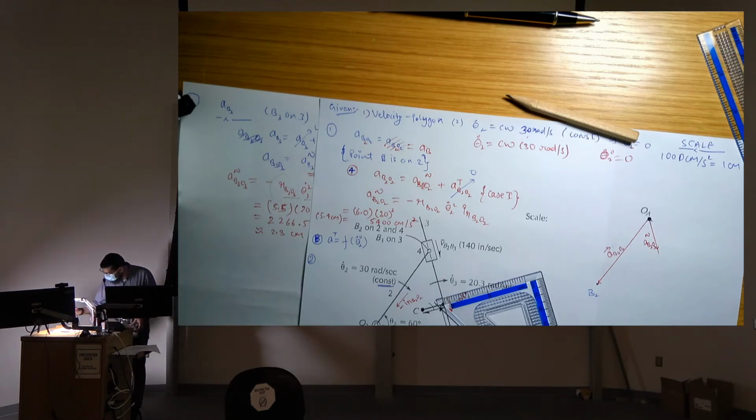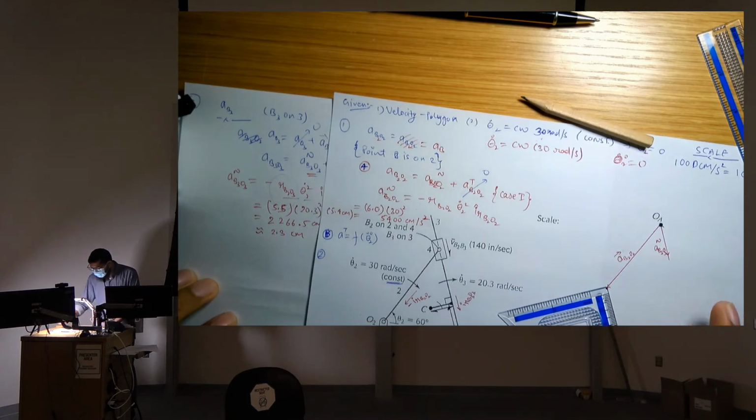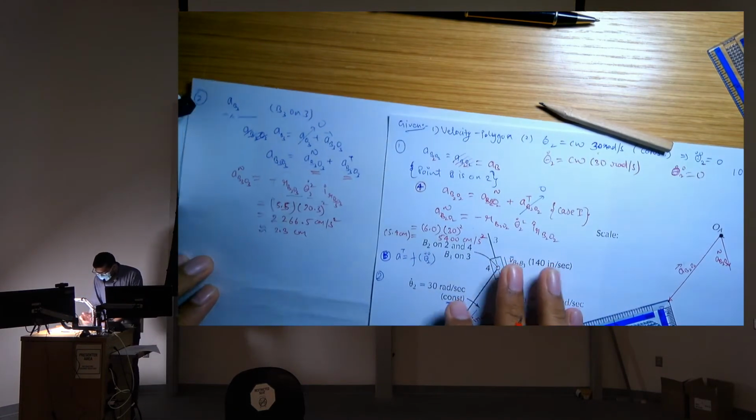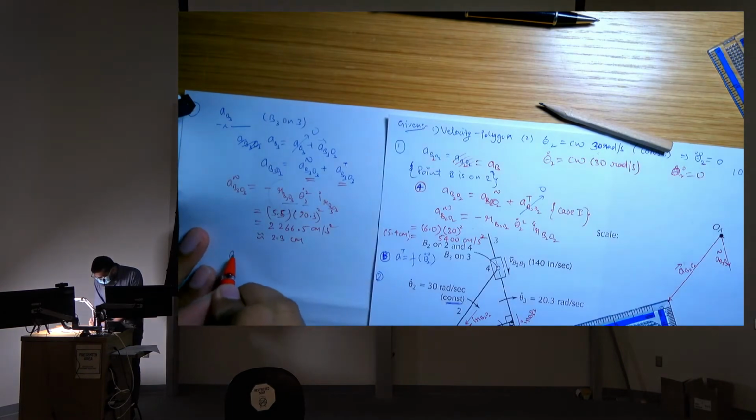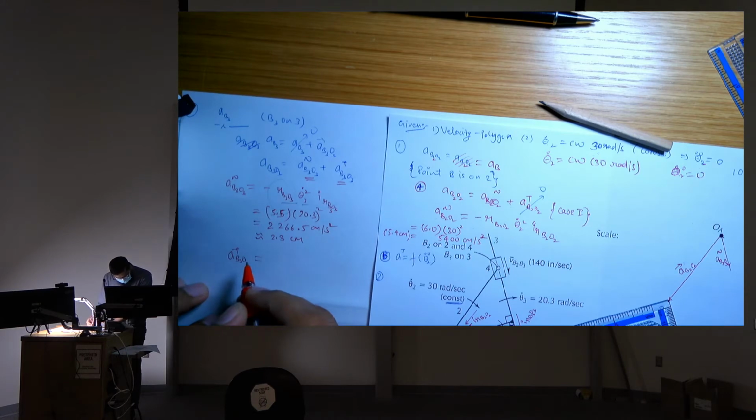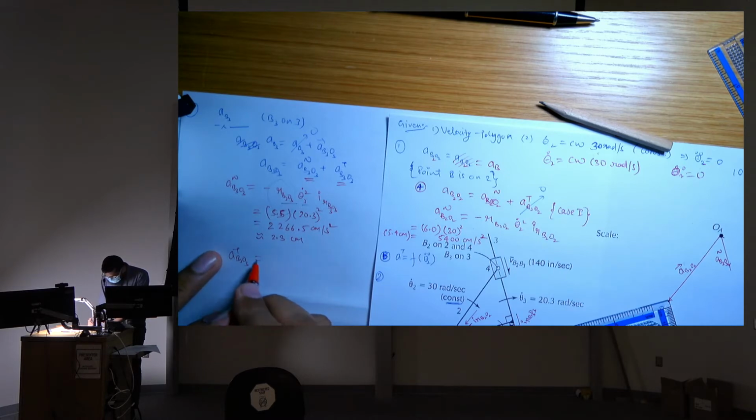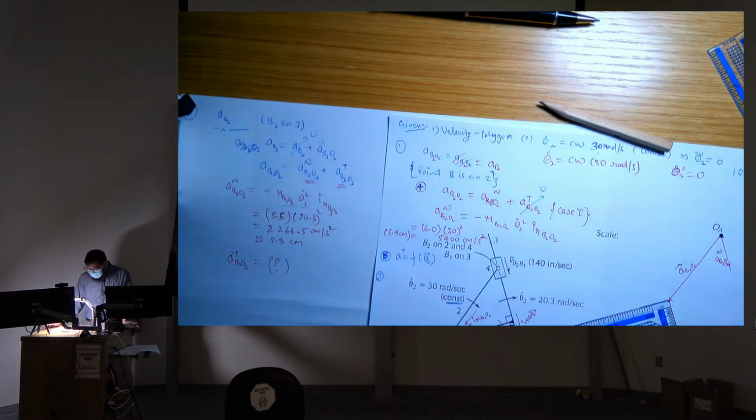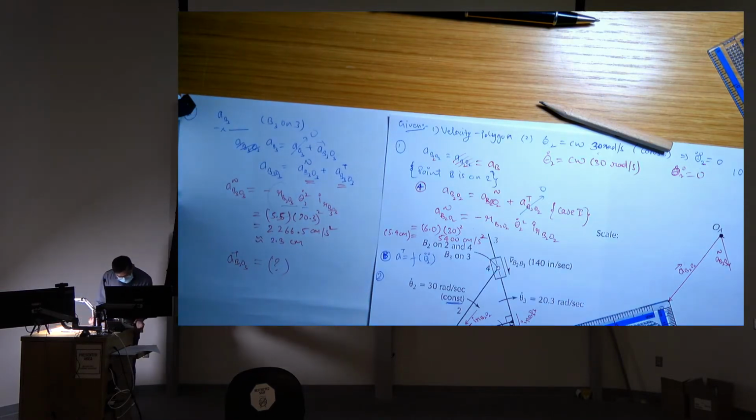So where were we? We have the normal component, and now the next thing is we need to find the tangential component. So we have A B3 O3 tangential. What would be the formula for this? We know the formula, but we don't know the magnitude of theta 3 double dot.